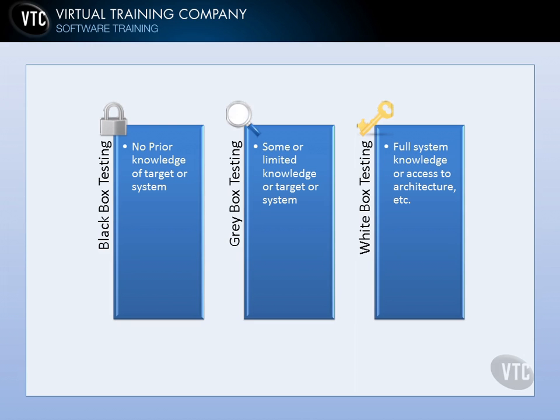Now, white box testing at the other end of the knowledge spectrum is where you have full-on system knowledge about the entire system, the organization, its architecture, and so forth. And the goal of this is that you'll typically know what you're going to find. You're just testing to see if you can still exploit it. Maybe someone's run a vulnerability scan on the system and you have the vulnerabilities that you think could be exploited.